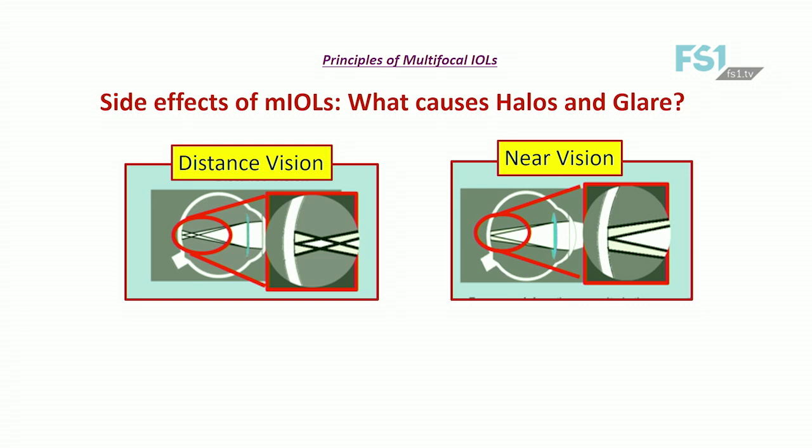On the retina, when we get the perfect vision for distance, another focus for near, for example, we get just in front of this focus for distance, and this focus projects on the retina and can be a reason for halo and glare, not most of the time, but in some cases. So this is what causes this side effect in patients.